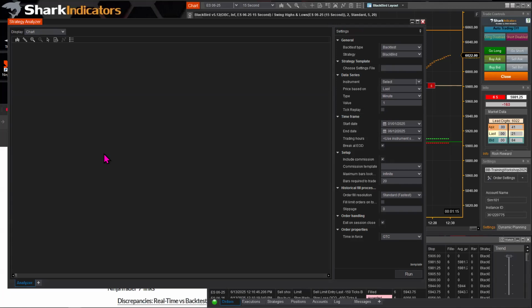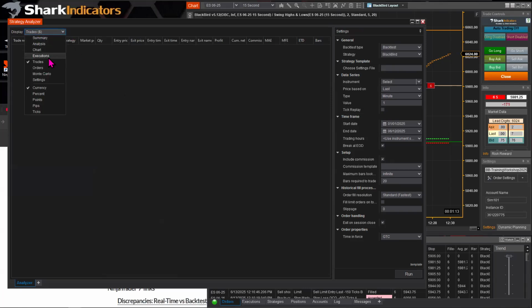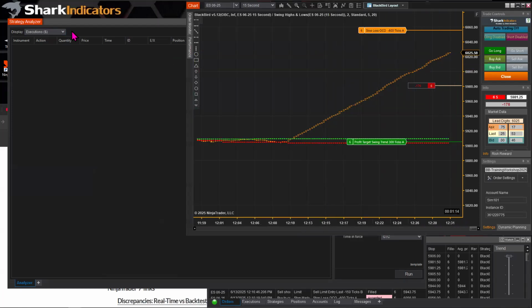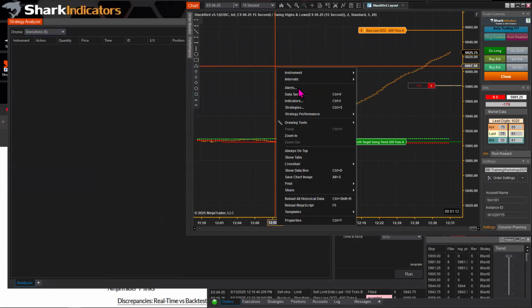And then again, the next thing to do is put your strategy analyzer in chart mode, and you're just going to have to walk through each, actually, no, better yet, go to the executions. Well, actually, executions or trades. Yeah, probably the executions. That has a finer resolution. But yeah, you just have to export your executions from the strategy analyzer.